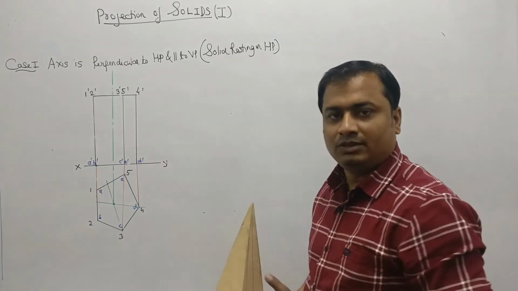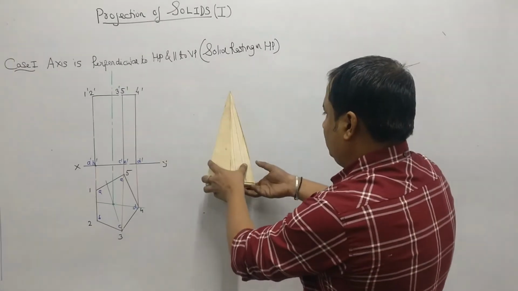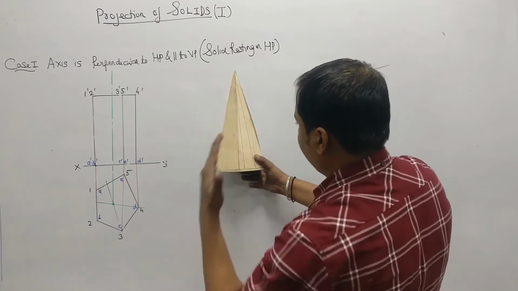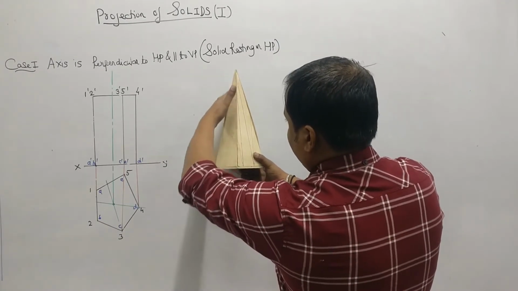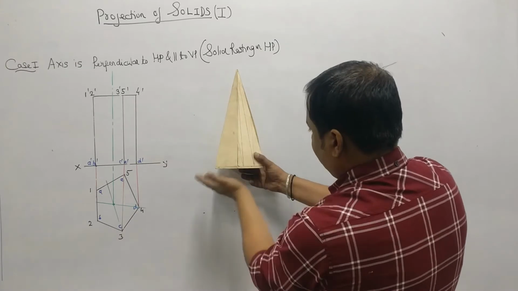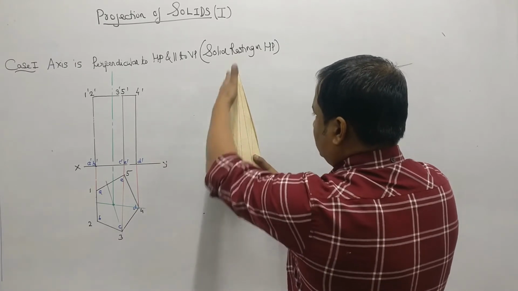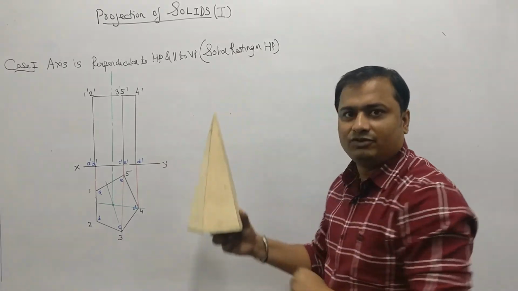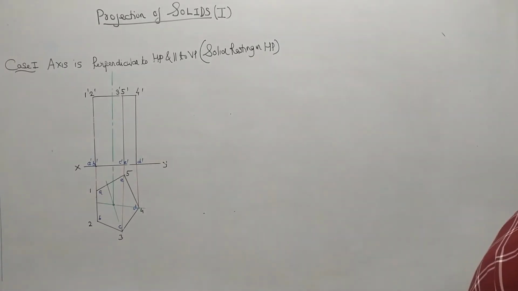Okay, from the top. Now, what will be the front view? When you see from the front, this is the projection from the front, and this is from the bottom. So the front view will be a triangle, and the top view is going to be a pentagon.